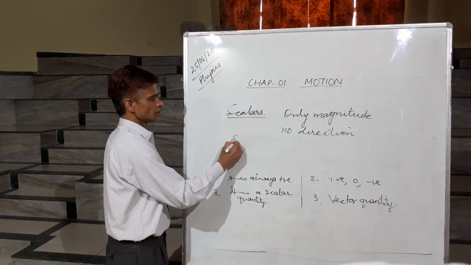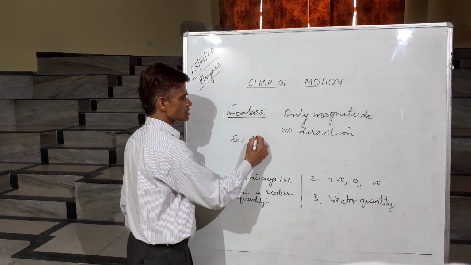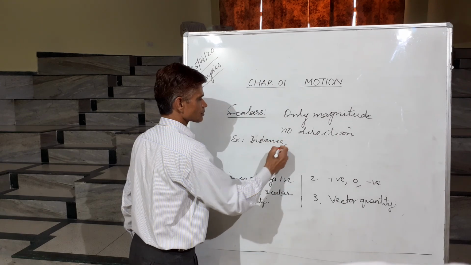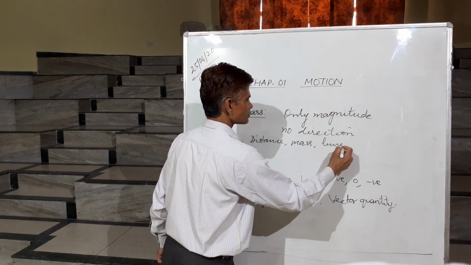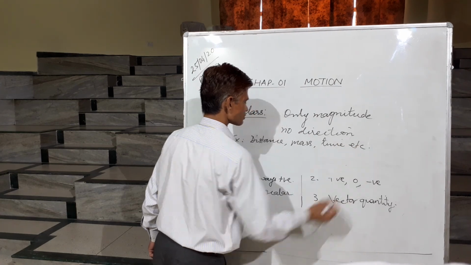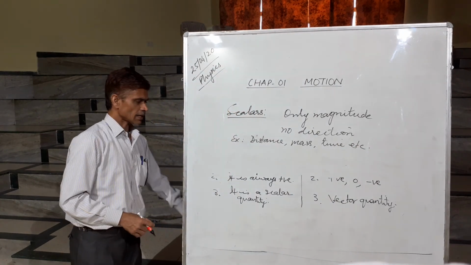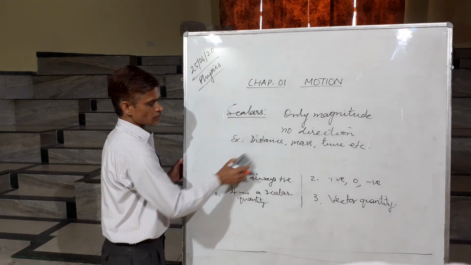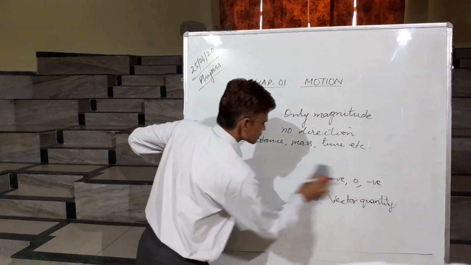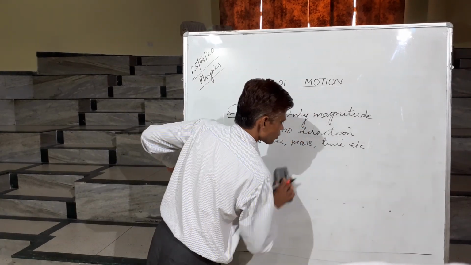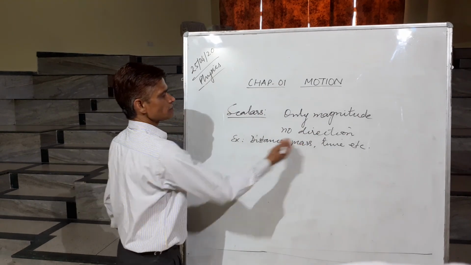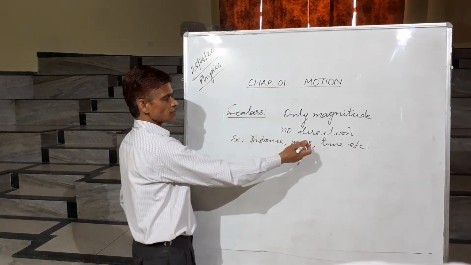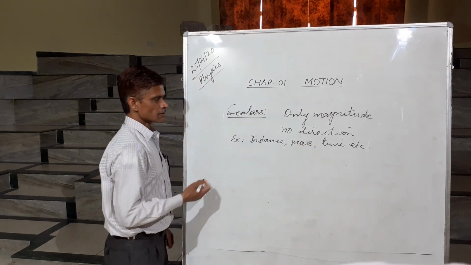For example, distance, mass, time, etc. Scalars are these quantities. Now, there are many other scalar quantities, but since these are the common physical quantities which we know, I have given these examples.